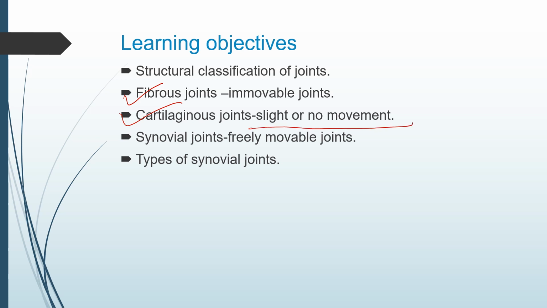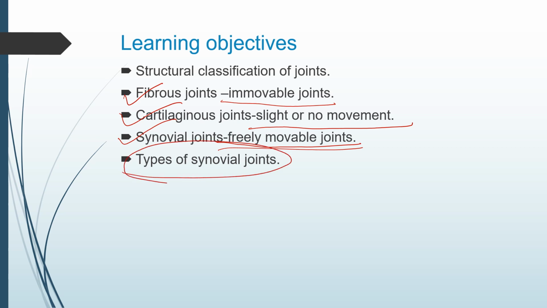The fibrous joints are the immovable joints, and the synovial joints is the third one, they are freely movable joints. Now, if you have gone through the previous part, that is the functional classification, you will be understanding a few things in this video, otherwise you won't be able to understand. So please go through that first and then come to part 2 of the structural classification. In this video we will also be discussing the types of synovial joints.